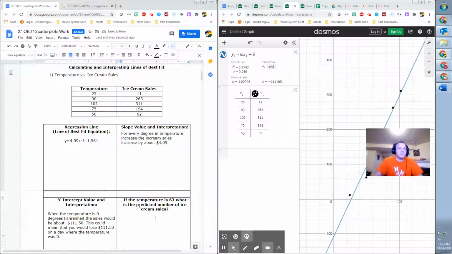So if the temperature is 62 degrees, copy this here and paste it in there. If the temperature is 62, what is the predicted number of ice cream sales? So y is what we're looking for, would equal 4.09 times x, where x is 62, minus 111.561.